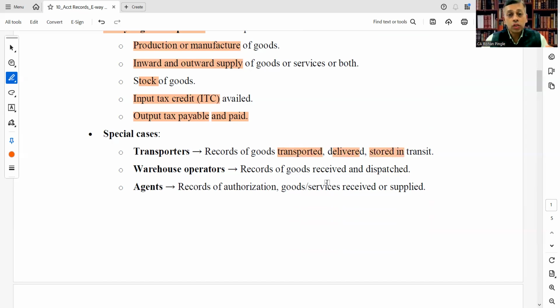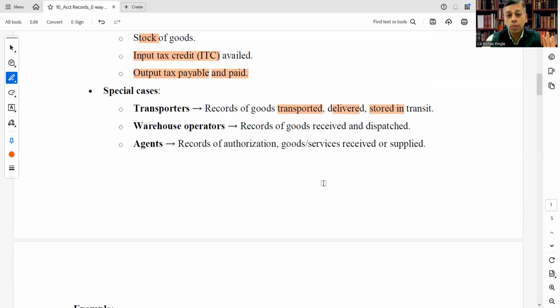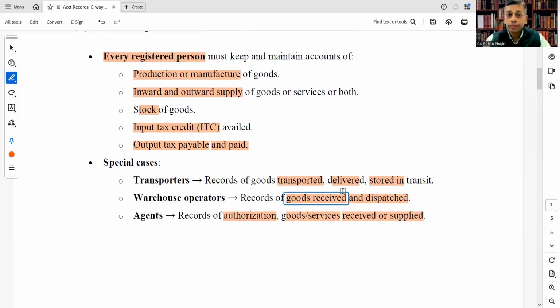Then warehouse operators need to keep records of goods received and dispatched. And agents need to keep records of authorizations, and goods or services received or supplied on behalf of the principal. So these are the three special cases: transporters, warehouse operators, and agents other than a registered person.